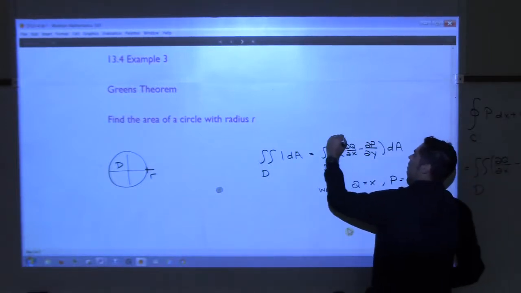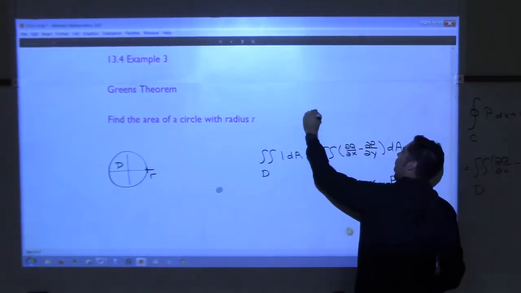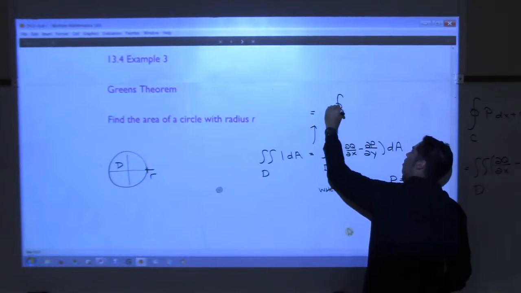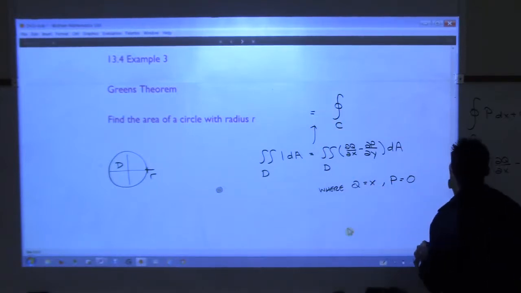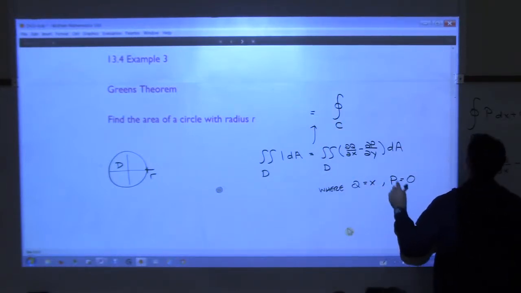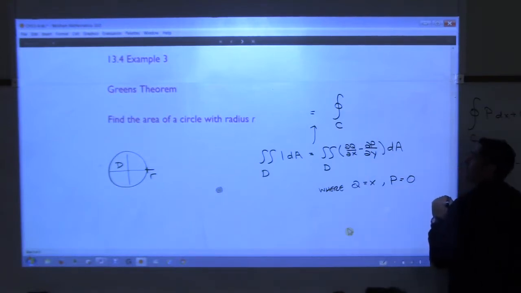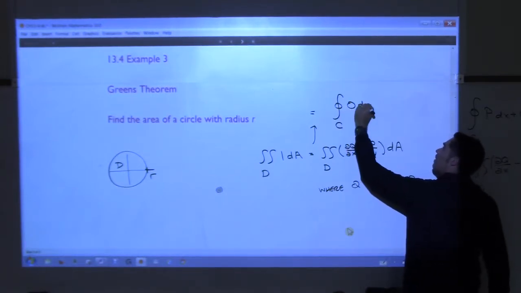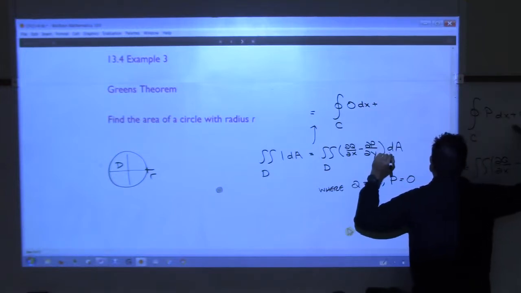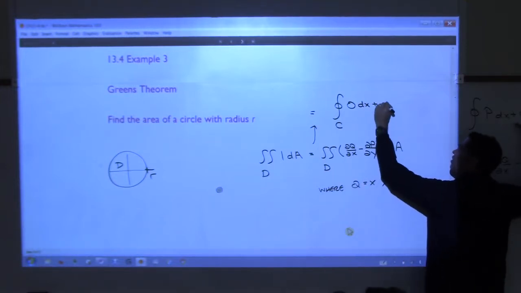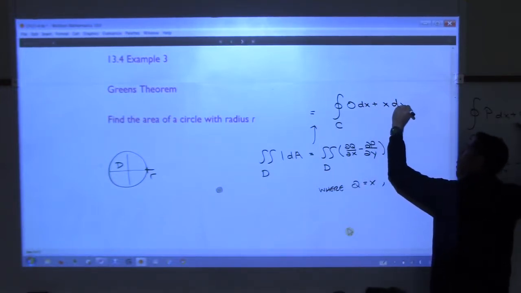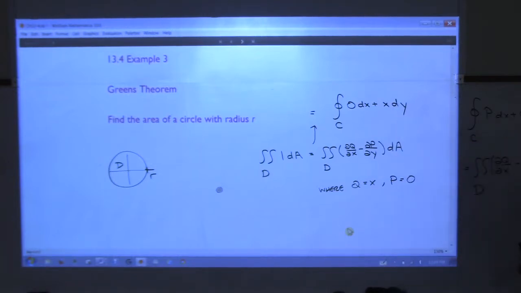That would be, this now turns into the line integral over C of P, which was 0 dx, plus Q, which was x dy, right? Okay.